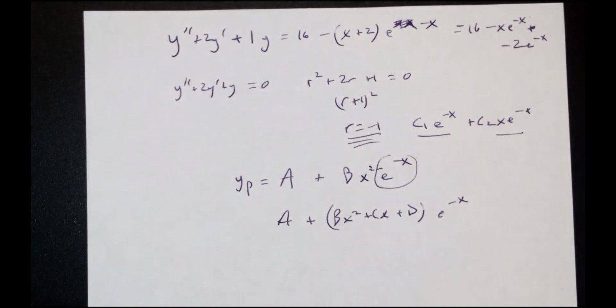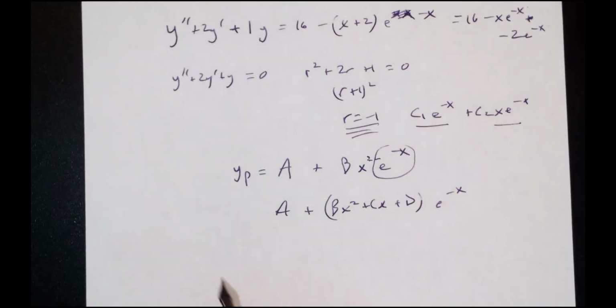If we think about the idea of being linearly independent in functions, we think of the Wronskian. So what I'm trying to say is I need something that's not in the span of the vector space created by e to the minus x and x e to the minus x.